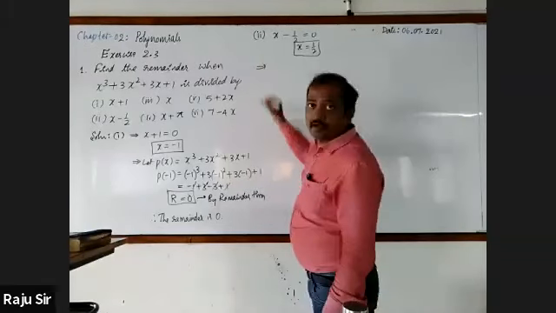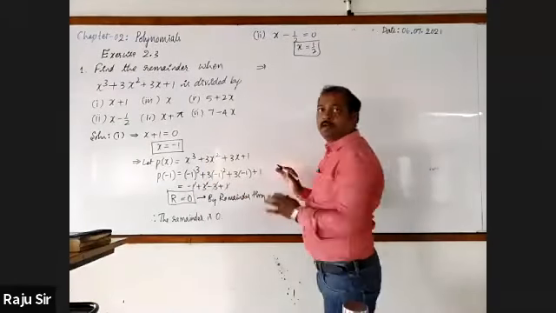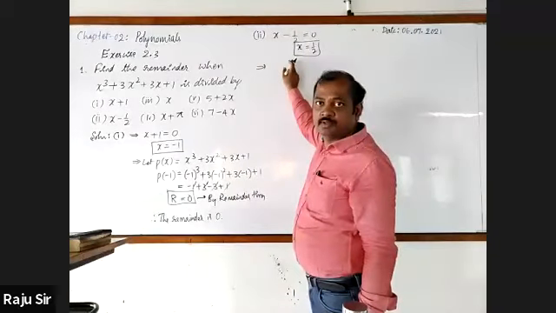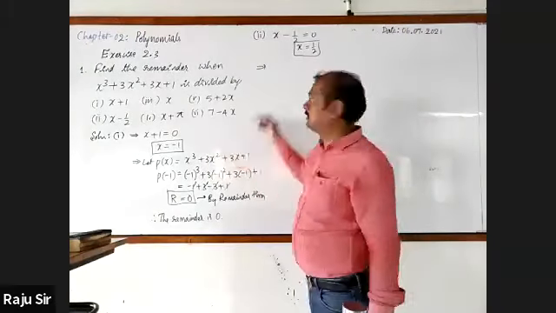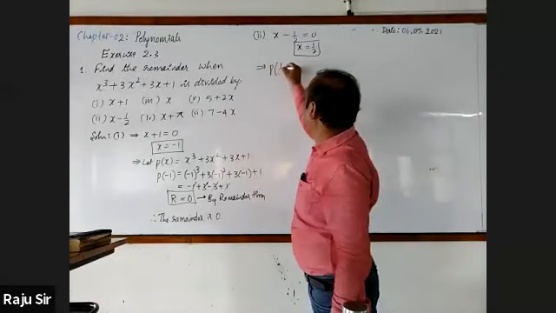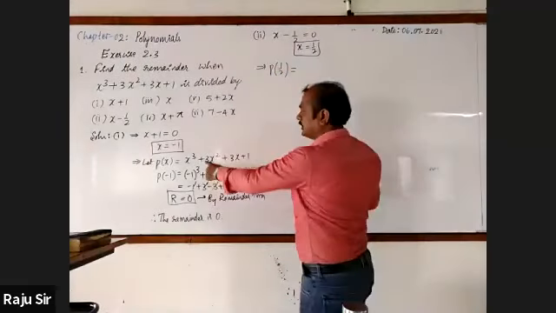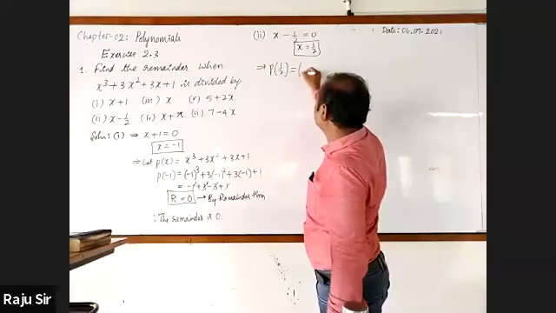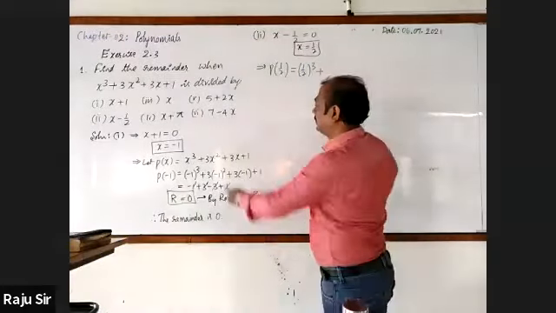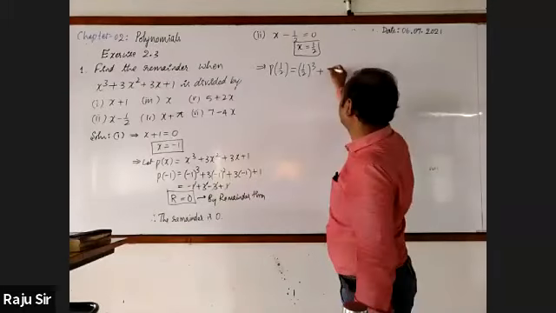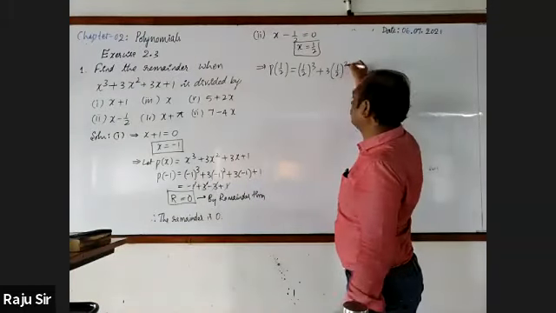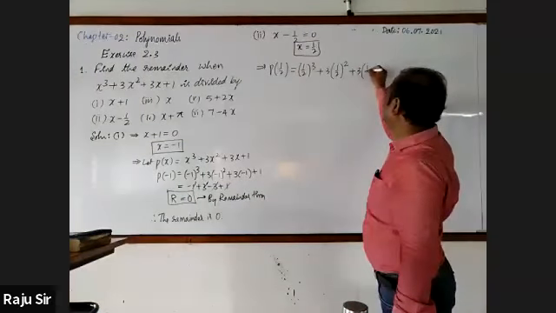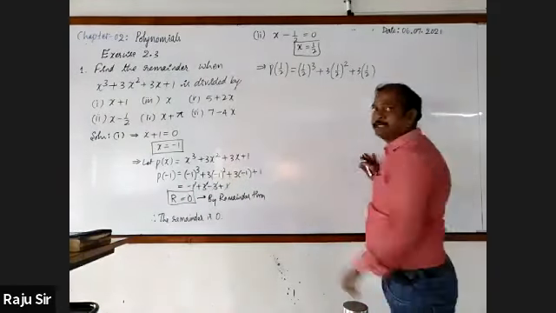I'm not going to write this polynomial again. Directly I'll go for substitution, because we have already written it once. Right. P of 1 by 2 is equal to x cube, so this is 1 by 2 whole cube, plus 3x square, 3 into 1 by 2 whole square, plus 3x, 3 into 1 by 2, plus 1.